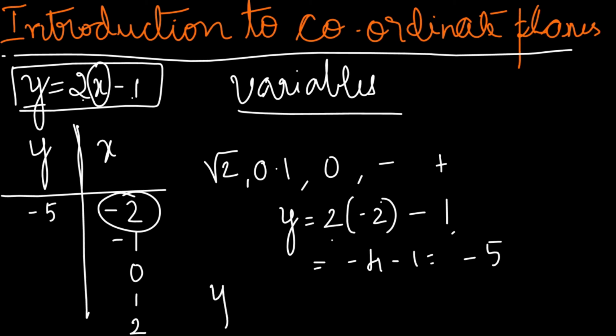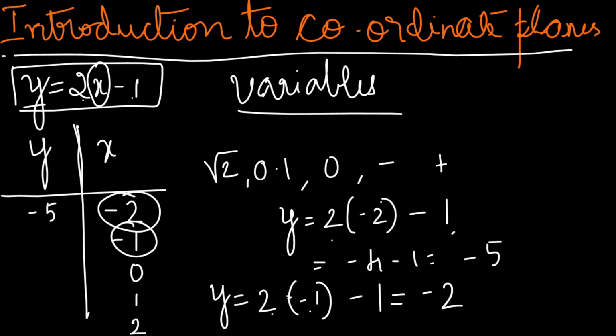Next, y is equal to 2x minus 1. Now I'm going to substitute -1. So it will be 2 into -1, and then -1 as it is in the equation. These brackets are nothing but multiplication. So 2 into -1 is -2, and then minus 1, which is equal to -3.